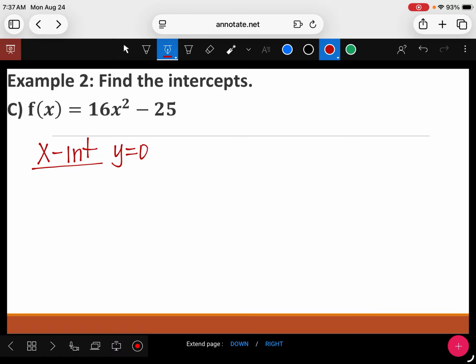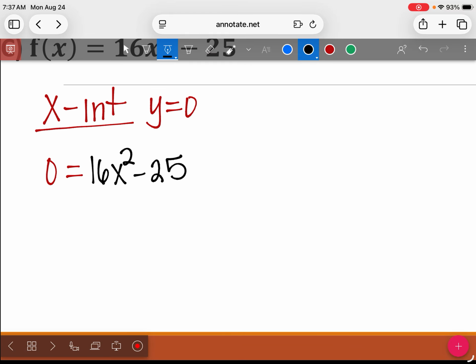If we have 0 equals 16x squared minus 25, we could factor this down. Does anyone else recognize that this is the difference of 2 squares? So you could factor it.